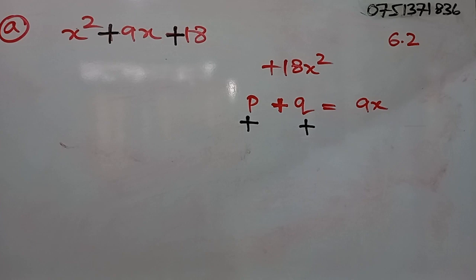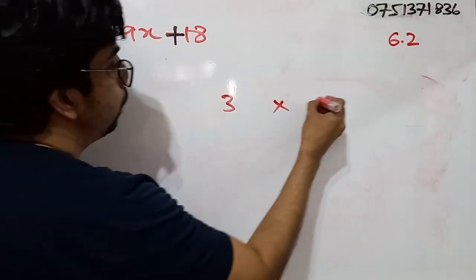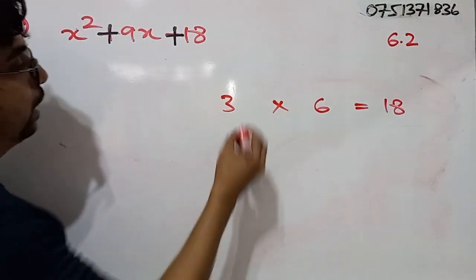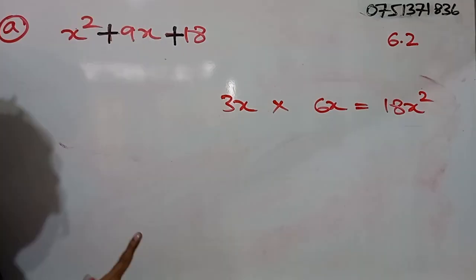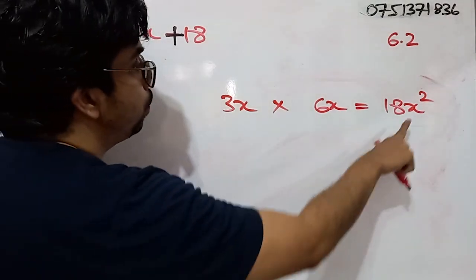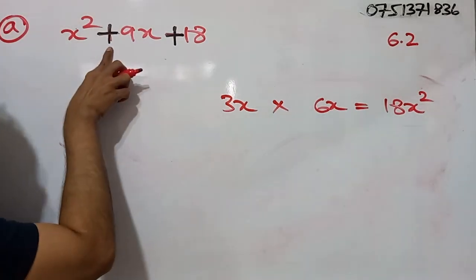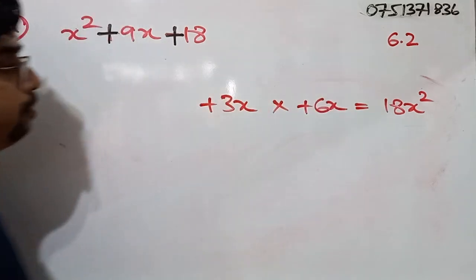So what are the factors? We know 3 into 6, that is 18. So we can take 3x into 6x, that is 18x square. That means when we multiply these two, we get 18x square, right? This is plus. That means both of these two factors must be what?